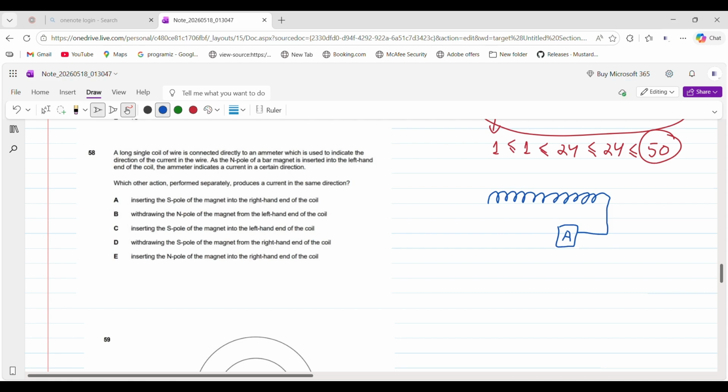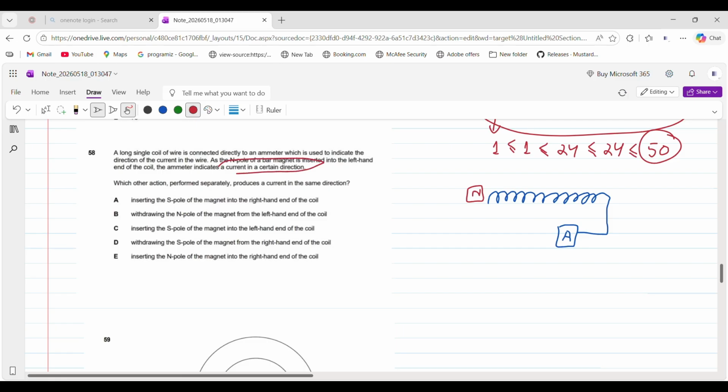Okay, as the north pole of a bar magnet is inserted into the left-hand end of the coil, the north pole is inserted here. The ammeter indicates a current in a certain direction. Which other action performed separately produces a current in the same direction?